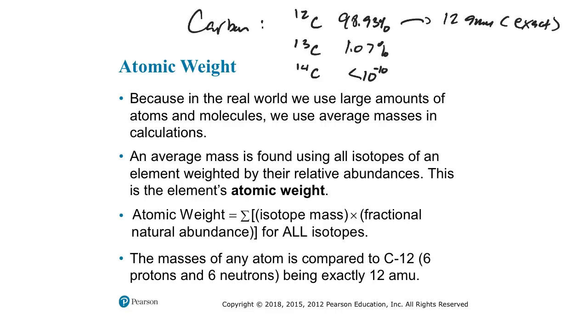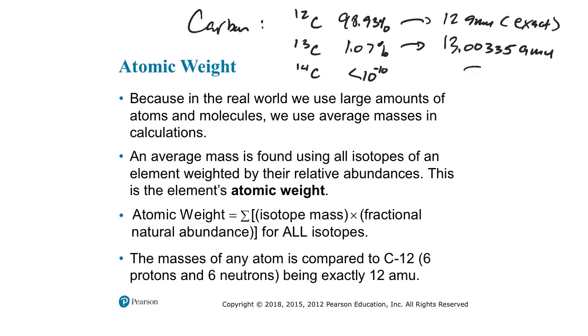So it's like 12.000000, etc. And then the carbon-13 mass is 13.00335. And the mass of carbon-14 is 14 point something. So for the sake of this example, we're not going to worry about the mass of carbon-14.